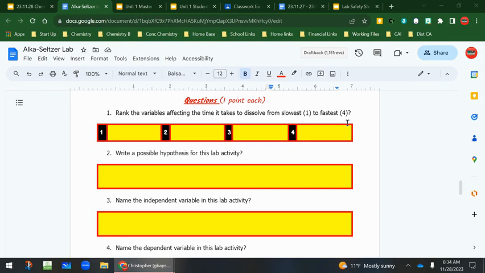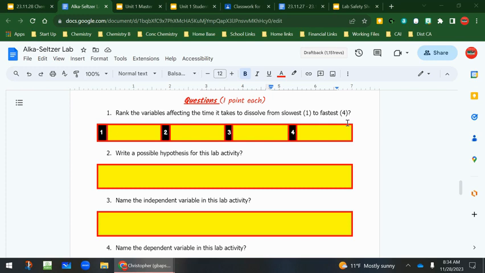Now, there wasn't very much that changed. Name things that were variables to begin with. Temperature of the liquid. What else? The type of liquid? The measurement. Shouldn't have. We use 100 mils every time, right? Oh, things we changed. What was the other thing that changed?